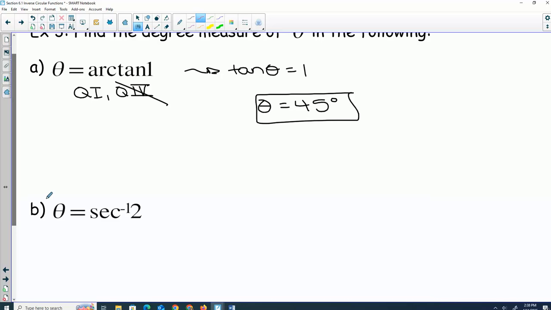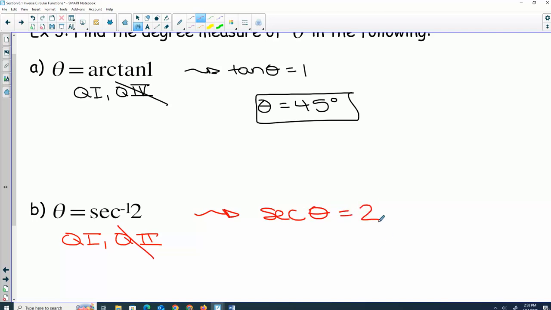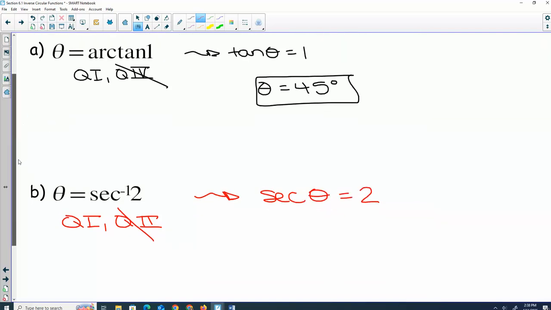If I say secant inverse of 2, secant can be in which quadrants? Okay, which one is a positive 2? So what this means is secant of theta is equal to 2. Now I don't know about you.